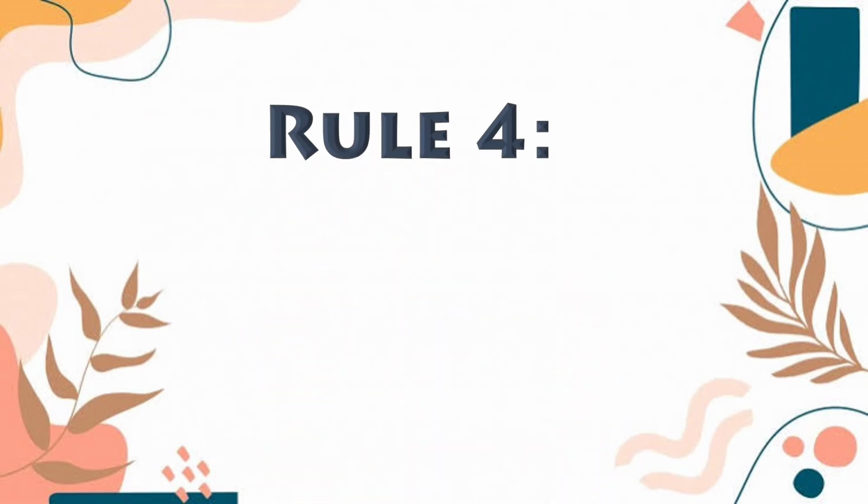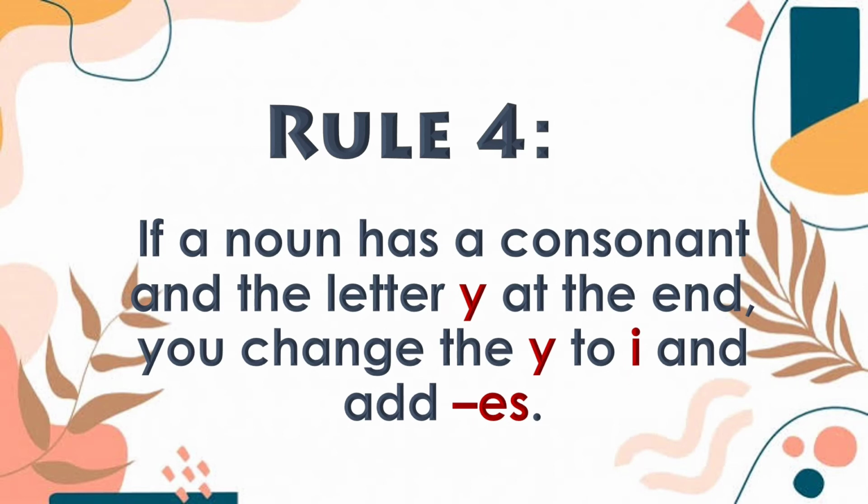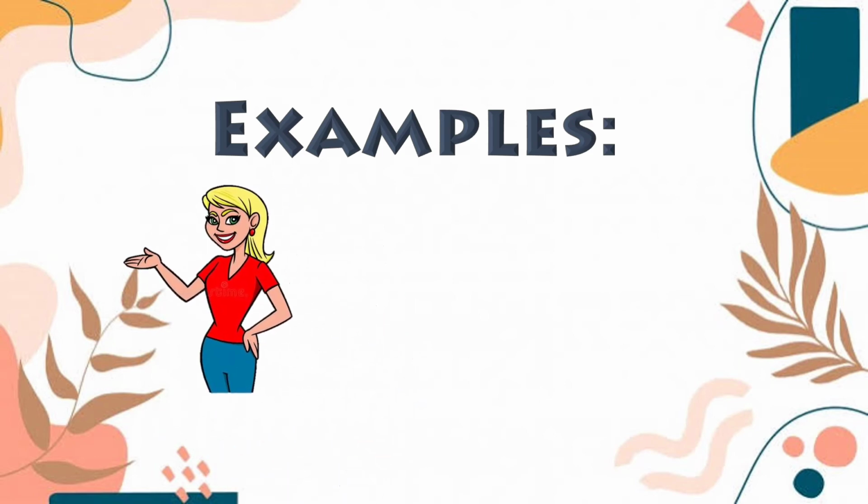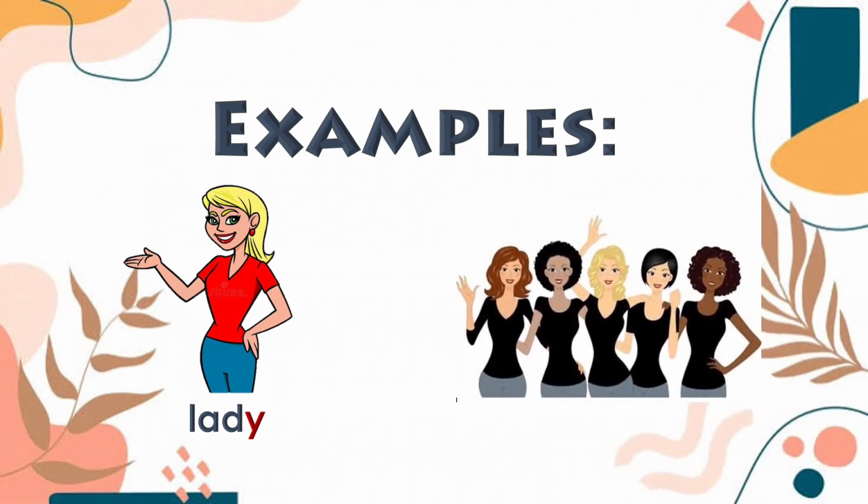Rule number 4. If a noun has a consonant and the letter Y at the end, you have to change the Y to I and then you add E and S. Example, we have here a count noun, lady, which ends with letter Y. And to form its plural, of course, we have more than one lady.